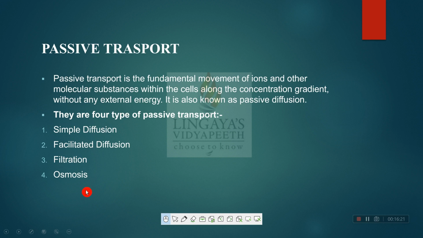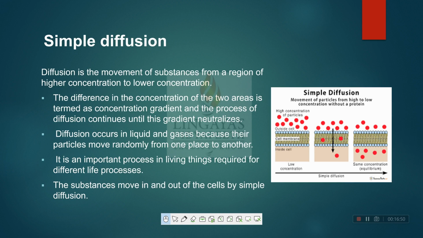But in passive transport, the substances move along with the concentration gradient, without any external energy. It is known as passive diffusion or passive transport. Now passive transport is of four types: simple diffusion, facilitated diffusion, filtration, and osmosis. We will talk about all these types in detail.